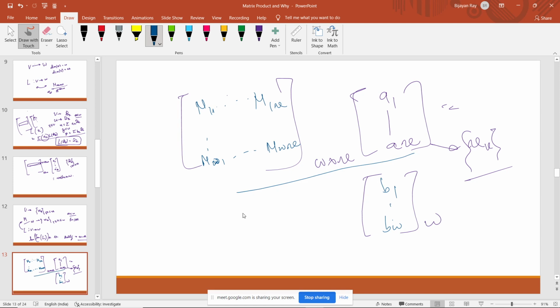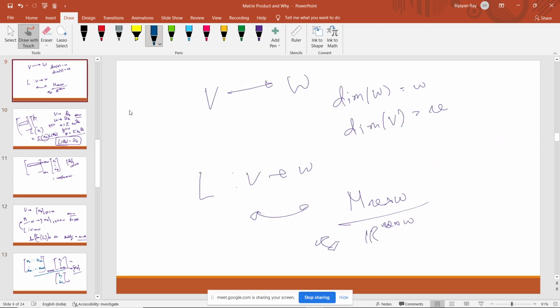I was just trying to point out the explicit isomorphism between vector spaces of dimension m and n, that is the V to W vector spaces whose dimensions are small v and small w respectively. There exists an isomorphism, which was clear from this, since they are both isomorphic to R^(V cross W). So there will exist an isomorphism.